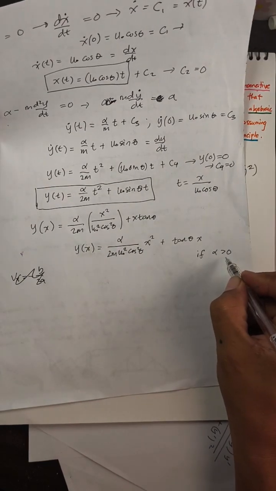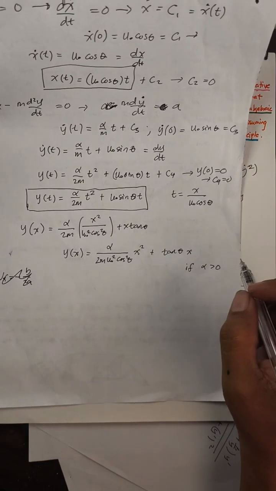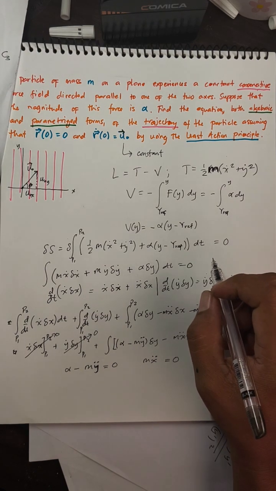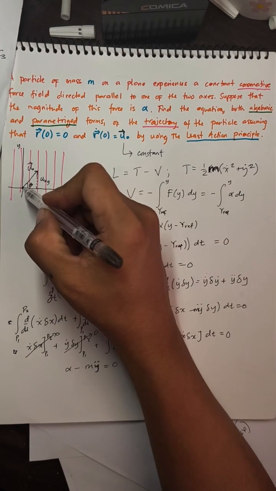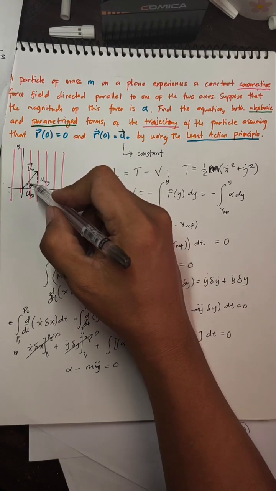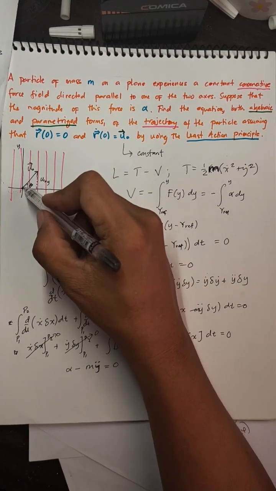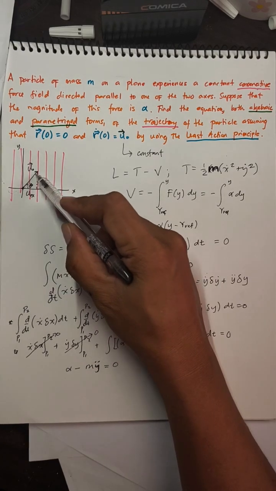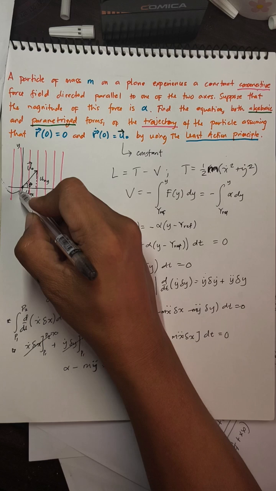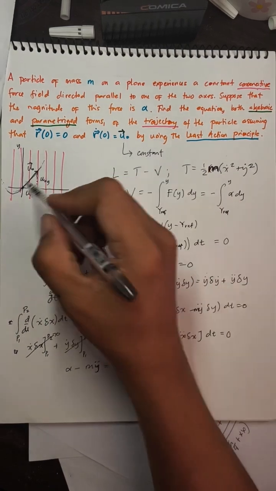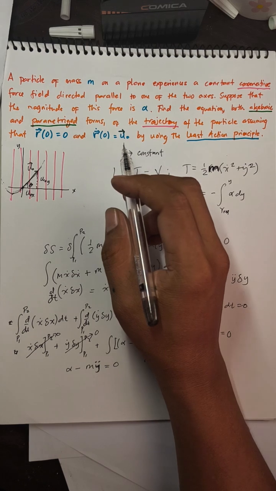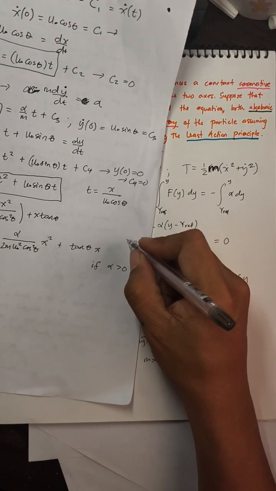So if alpha is greater than 0, then it will be opening up. Maybe the parabola is going this way, since at 0 it's actually going upward, so the parabola is around here. The vertex is on the left. How about when alpha is less than 0?